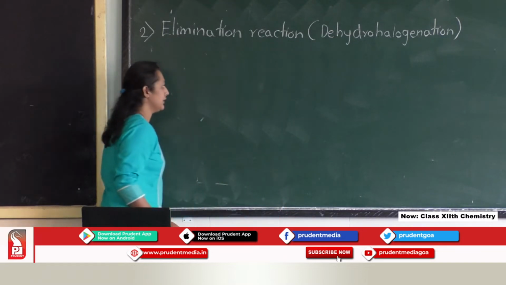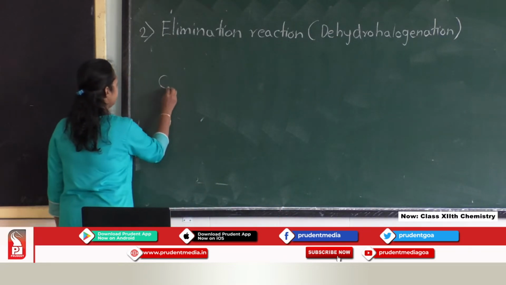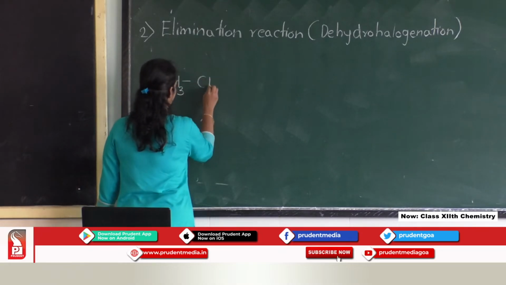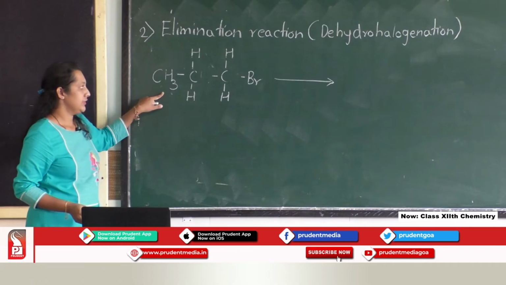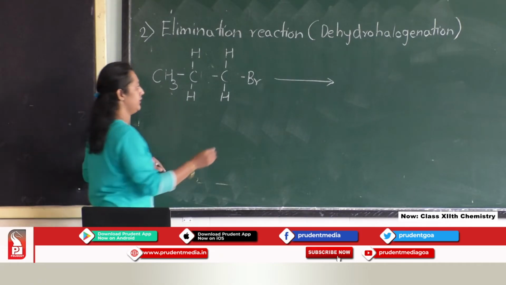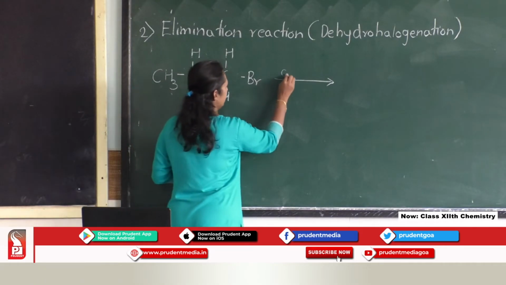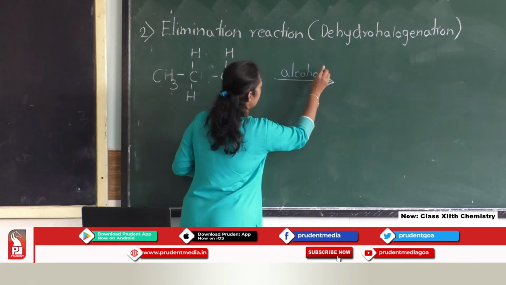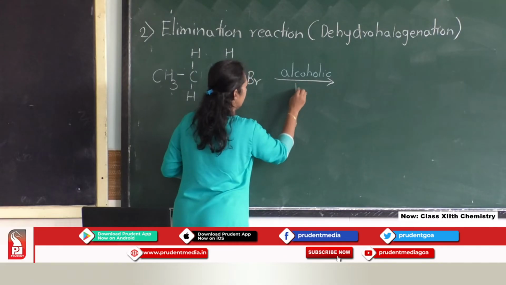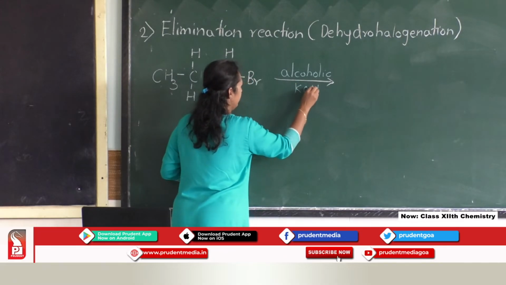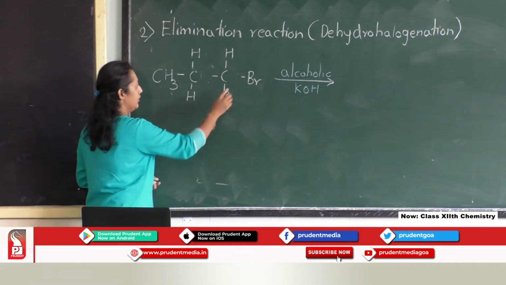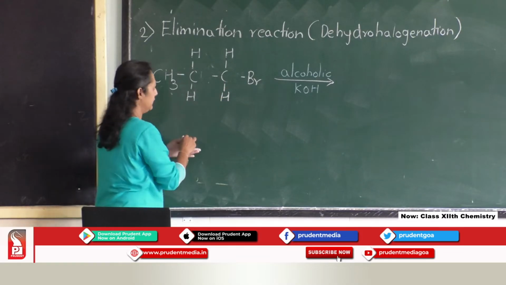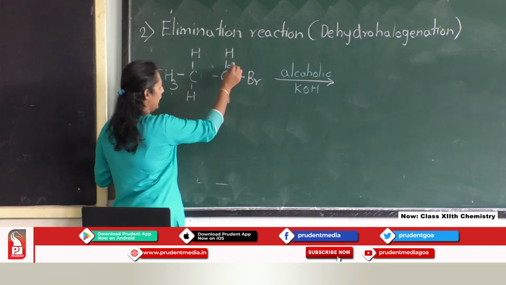Now, let us consider an example. If we consider an alkyl halide, the halogen which is attached to the first carbon, that carbon is known as the alpha carbon.